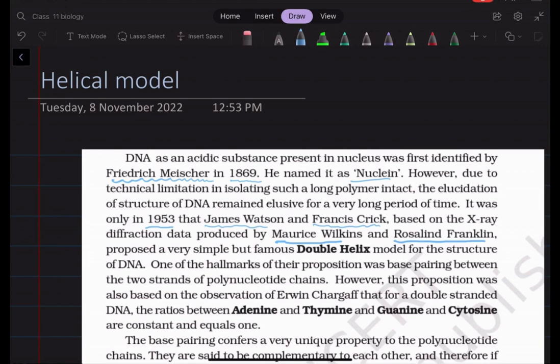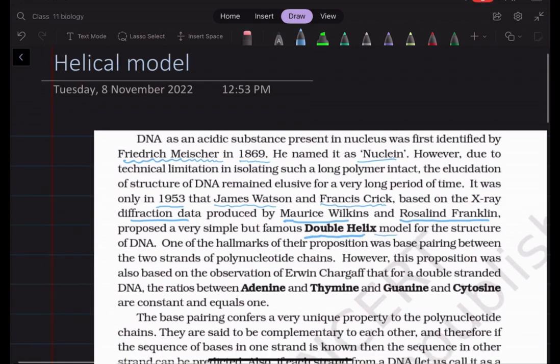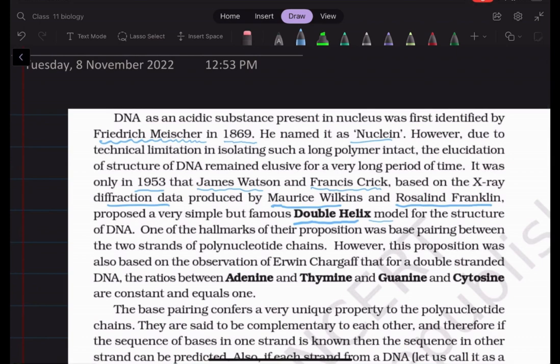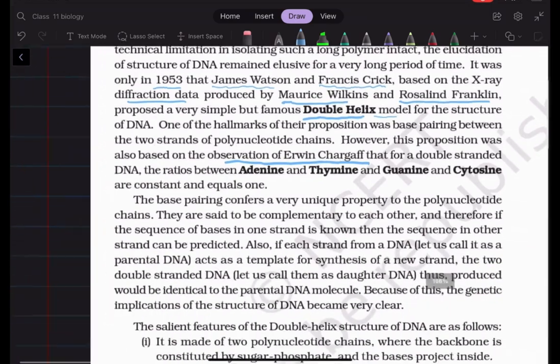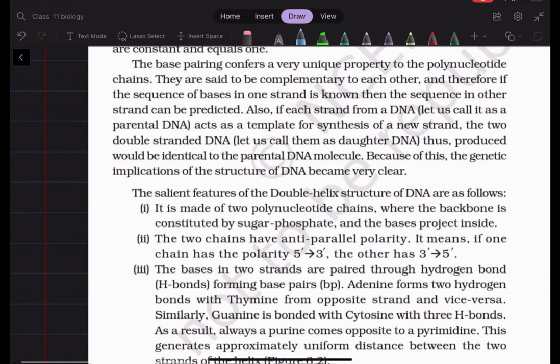They used their X-ray diffraction data and proposed this famous double helix model of DNA, which also included some rules given by Erwin Chargaff. So let us see what the double helix model proposes.